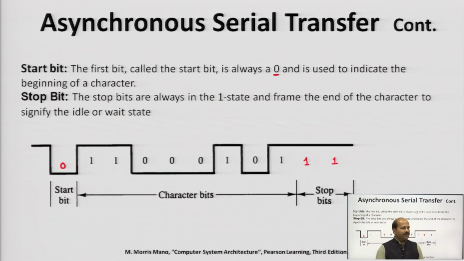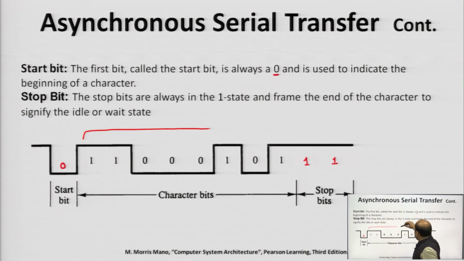Now, you can see in this diagram, suppose the source unit wants to send some information of 8 bits. So, these are the information bits. From this one to this one, these are the information bits or character, which needs to be transferred from one place to another place.